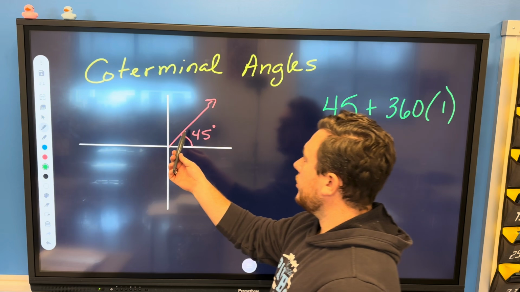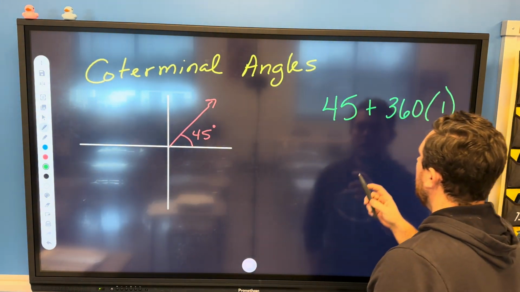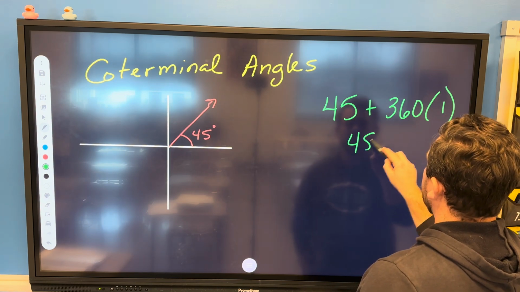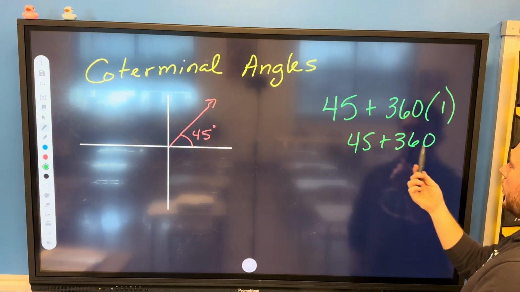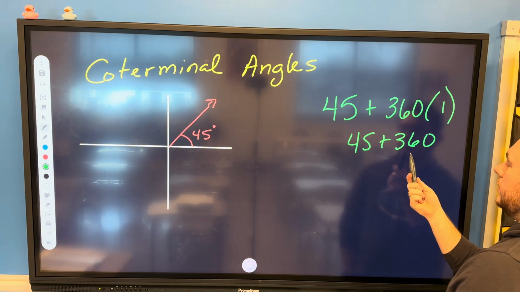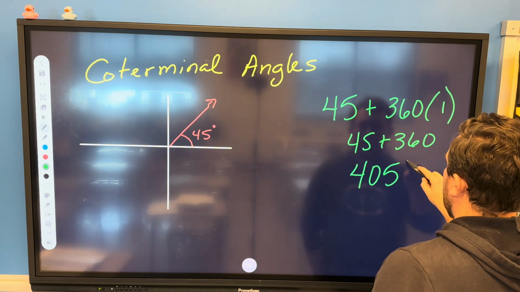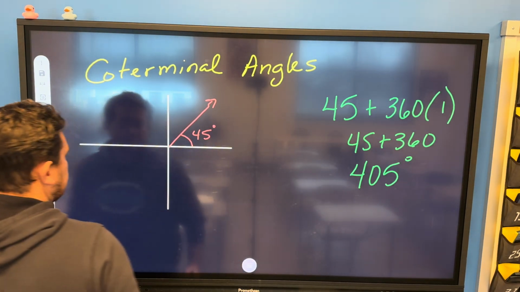We're going another 360 degrees around the circle. So 360 times 1 is 360, so 45 and 360. 40 and 360 would be 400. So another 5 makes it 405 degrees. So really what that means, right?